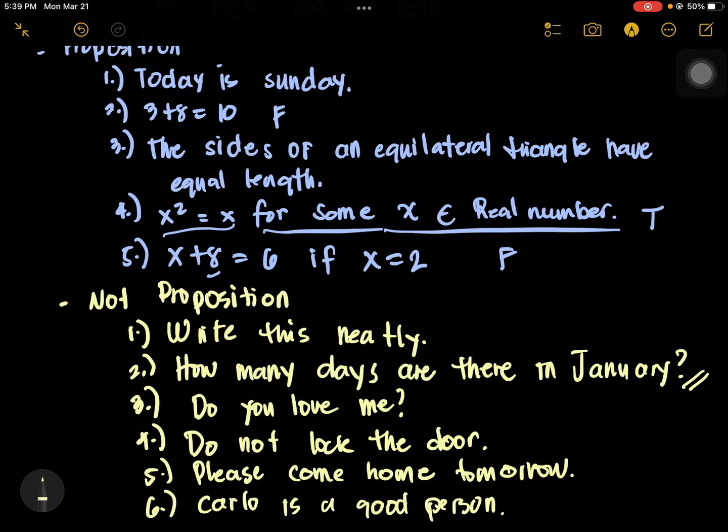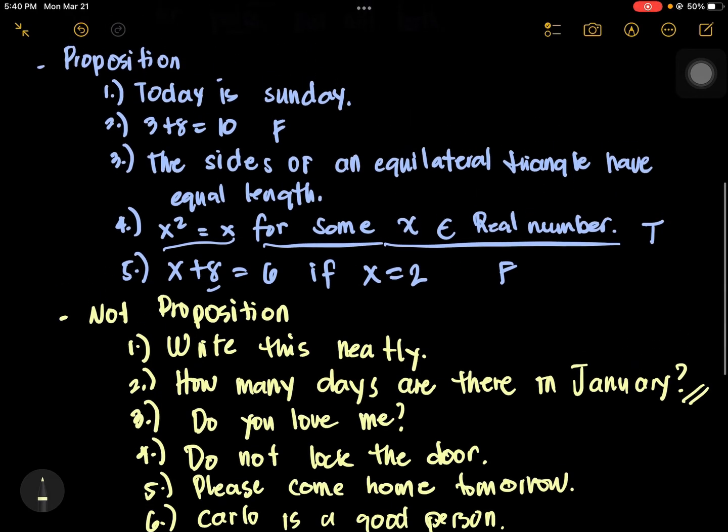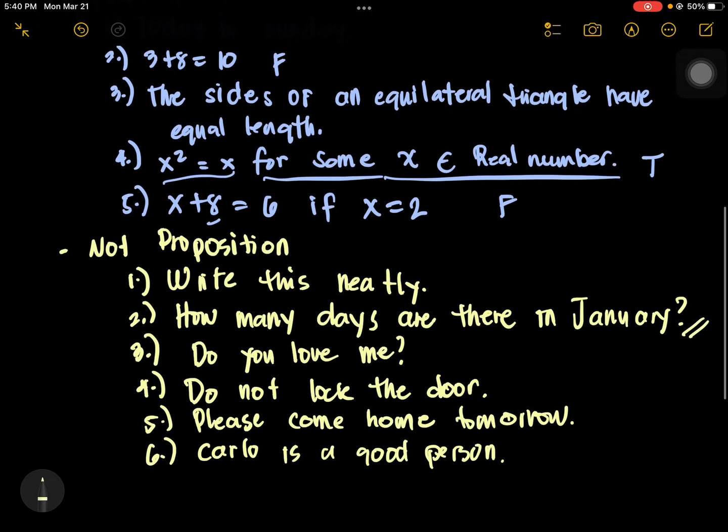This is ambiguous because maybe Carlo is a good person to one person, but on the other hand, Carlo is not a good person to another one. So the truth value can be both true and false at the same time. So, since it's ambiguous, we will consider it as not proposition. Okay. So that is an example of proposition and not proposition.